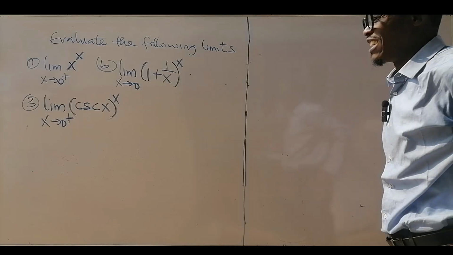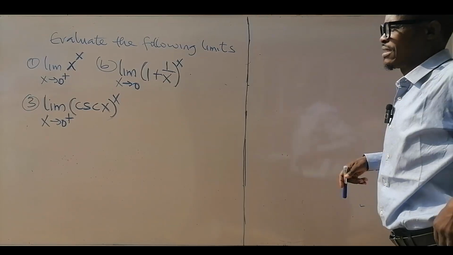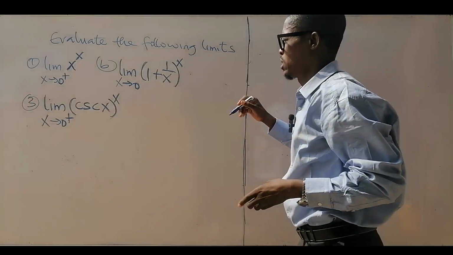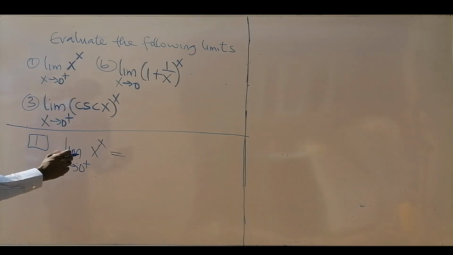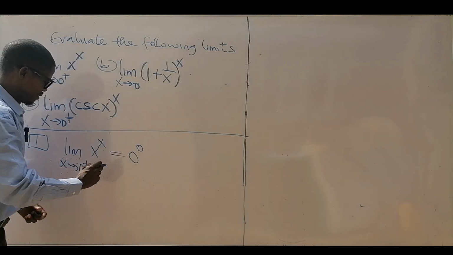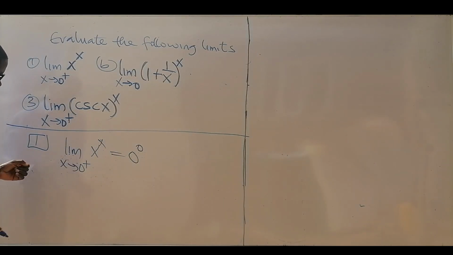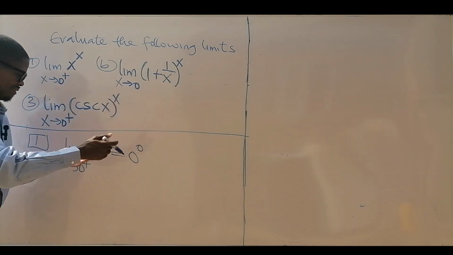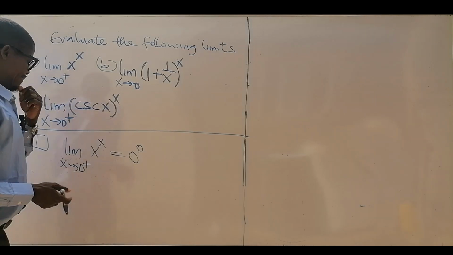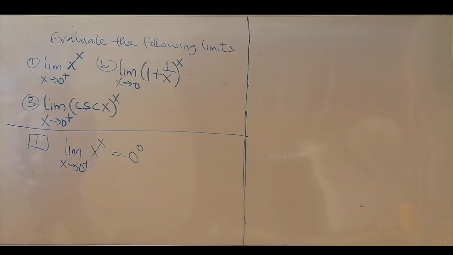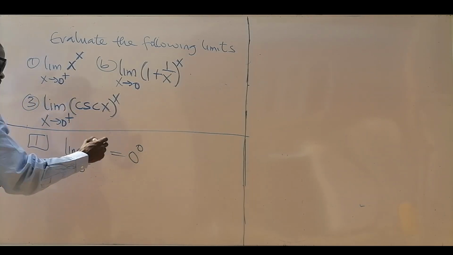Evaluate the following limits. The first one, if you substitute, we're going to have 0 to power 0. This is the limit of x to power x as x tends to 0 positive. This is just the right-hand limit. This is an indeterminate form.